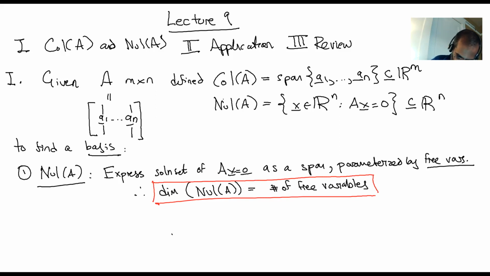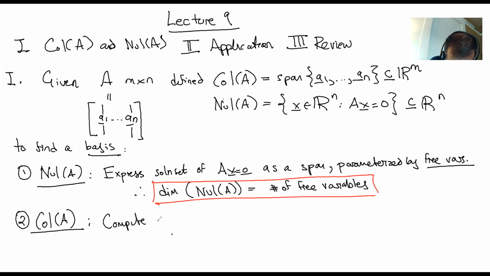The other subspace is the column space. There's a method for finding a basis for that, also related to row reduction, but it's different, and computationally it's actually simpler.